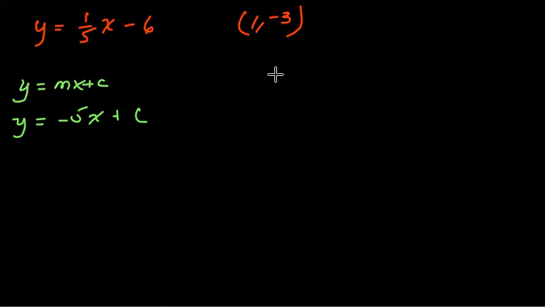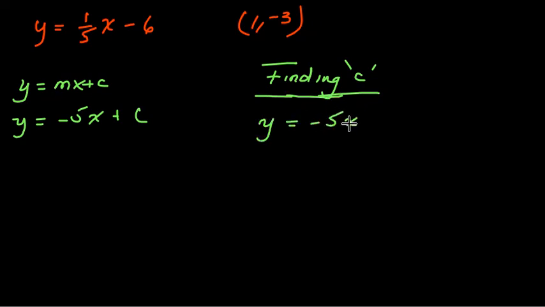That's all right. I got this. Now I need to find c, so I can let my teacher know and let myself know what I'm doing. So y = -5x + c, and it passes through the point (1, -3). That means when y is -3, x is 1.